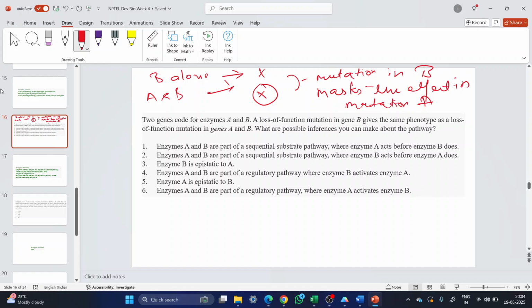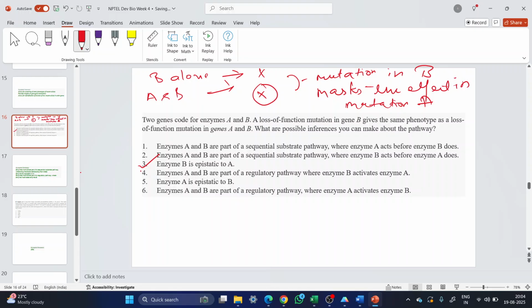See, if enzyme A acts before the enzyme B, then without A, substrate can't be converted to the intermediate. Without B, intermediate can't be converted to the product. So this means that B is epistatic to A. This we can get to know.